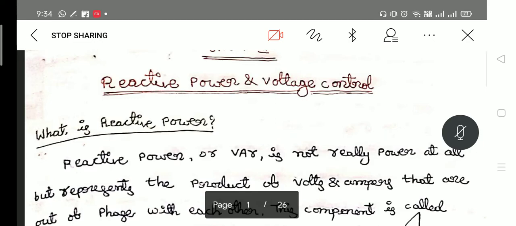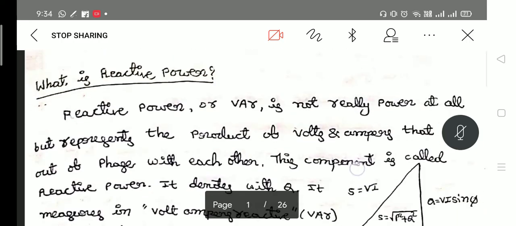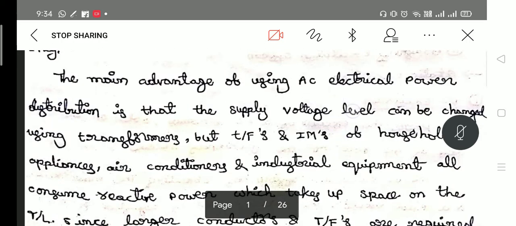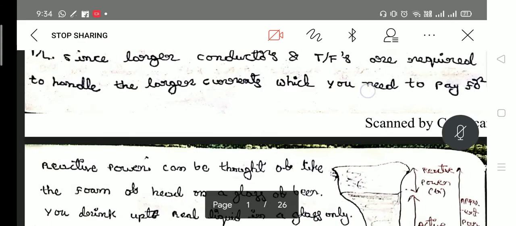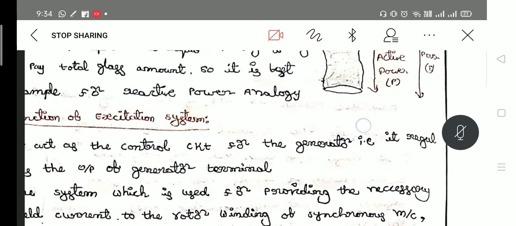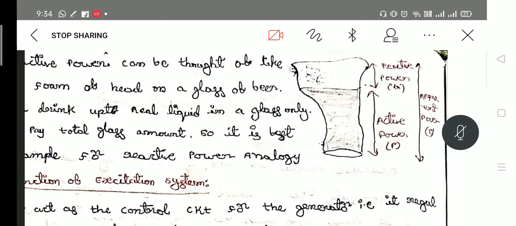That wastage is called reactive power. This foam is reactive power, and the total liquid is active power. Active power plus reactive power is apparent power here.